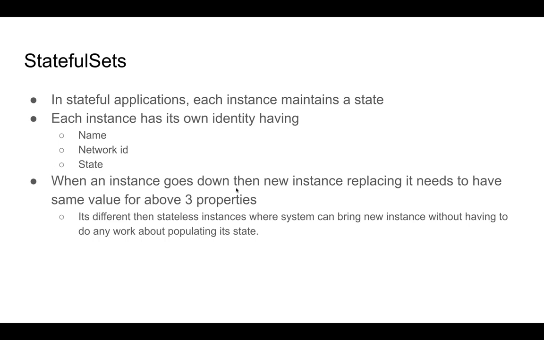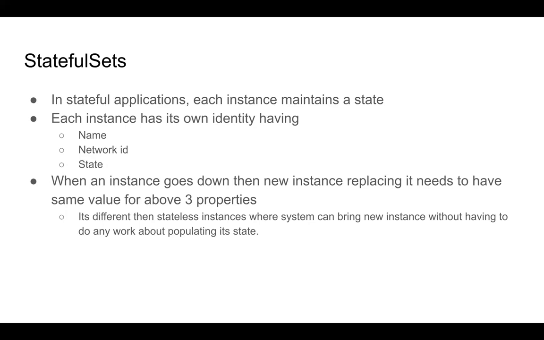When an instance goes down, the new instance replacing it needs to have the same values for these 3 properties. So if your application has 3 replicas, pod 1 is on node 1, pod 2 is on node 2, pod 3 is on node 3. Just an example. It's not necessary that each pod is on a different node, but for our discussion, let's say this is how it is.